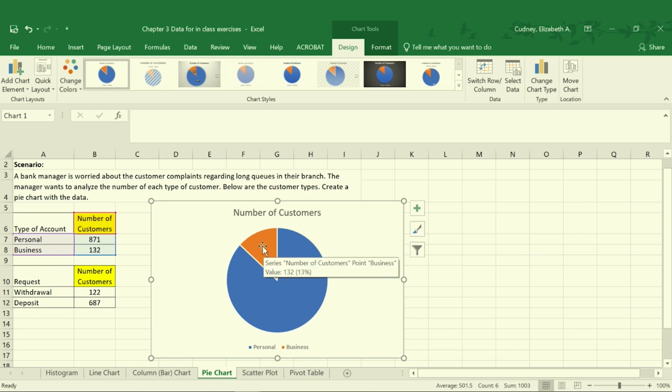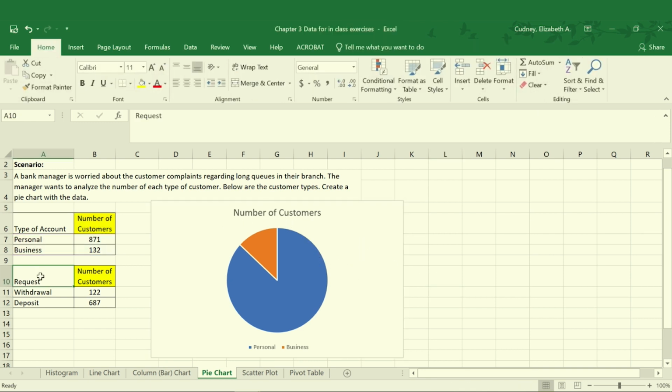If I hover over the business accounts, then I can see that it's 13%, and there were 132 values. So as a quick glance, this is a great way with a pie chart to easily interpret that well over the majority of the customers are using the bank for personal accounts.